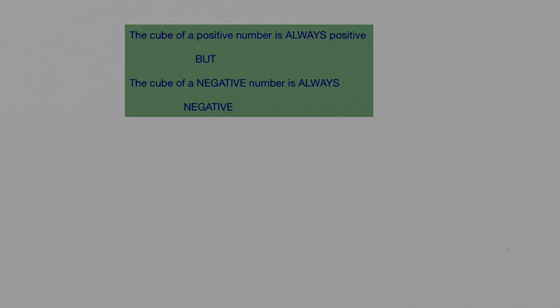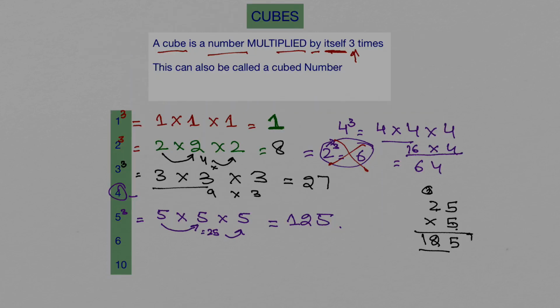We have just done so many questions on the positive ones, so you can see the cubes of all the positive numbers are positive answers, like 1 cube positive, 2 cube positive, 5 cube, 125, positive.